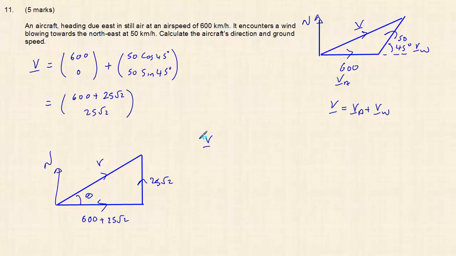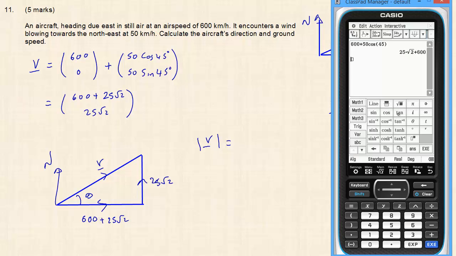So to find the magnitude of V, we use Pythagoras' theorem. So that's going to be the square root of, let's just pop some brackets in there, and then we need to just pop that in the bracket, and we'll square that. And then we want 25 root 2 squared.